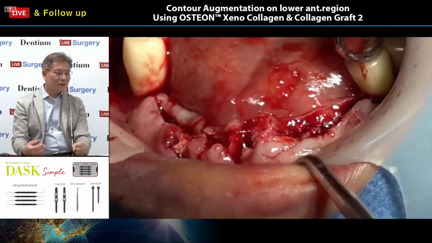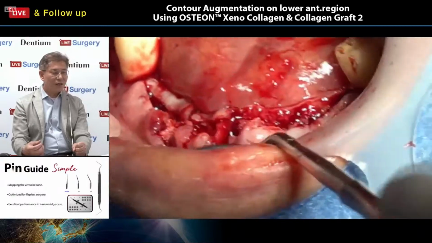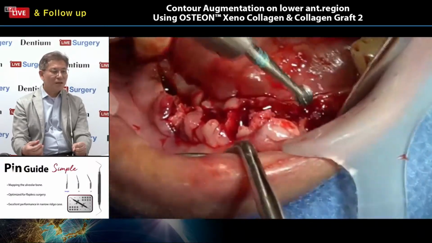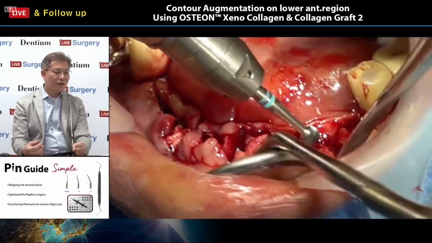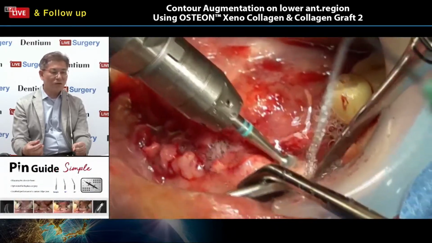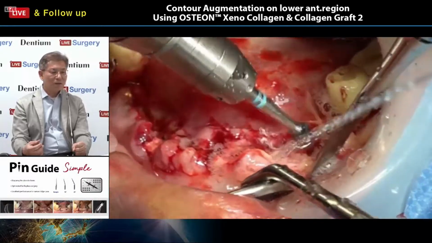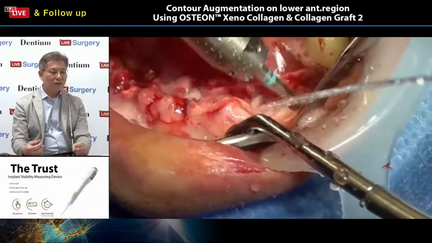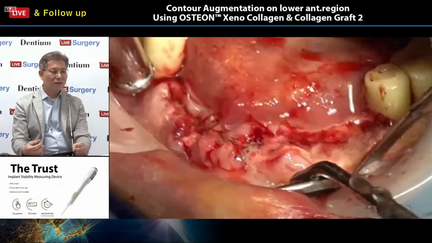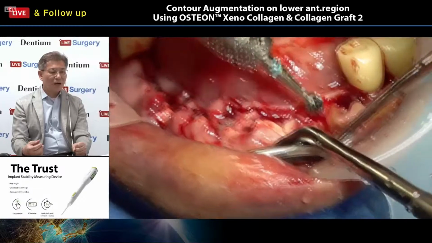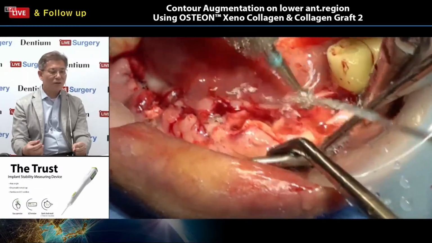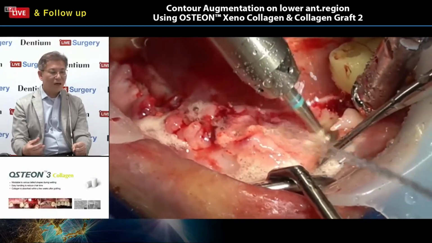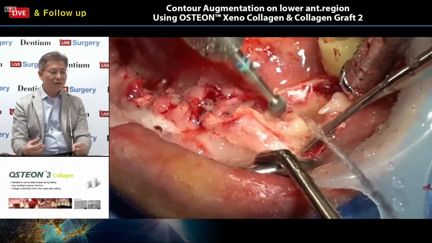Okay, so he is checking, surveying and navigating all the edentulous area. And oh yeah, he is using the round bar. This round bar is also one of the preferred items of Dr. Chung.